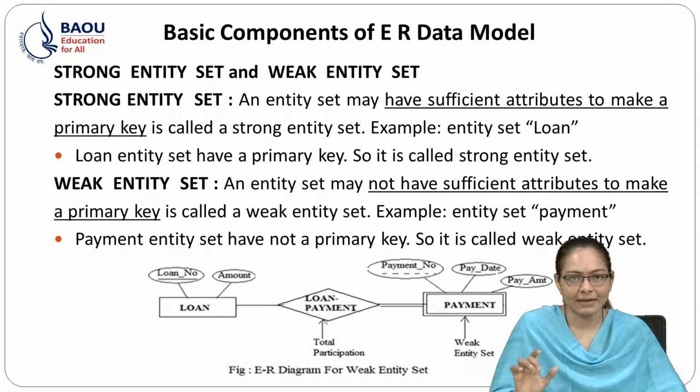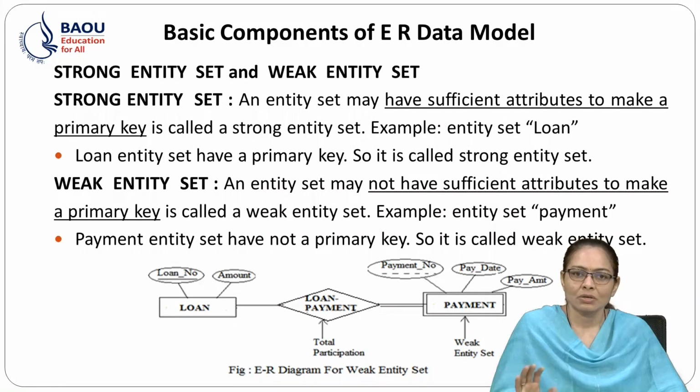A weak entity set does not have a primary key, so it is dependent on a strong entity set. The strong entity is the dominant entity and the weak entity is subordinate. The discriminator is a set of attributes that distinguishes the weak entity, and it is also called a partial key.